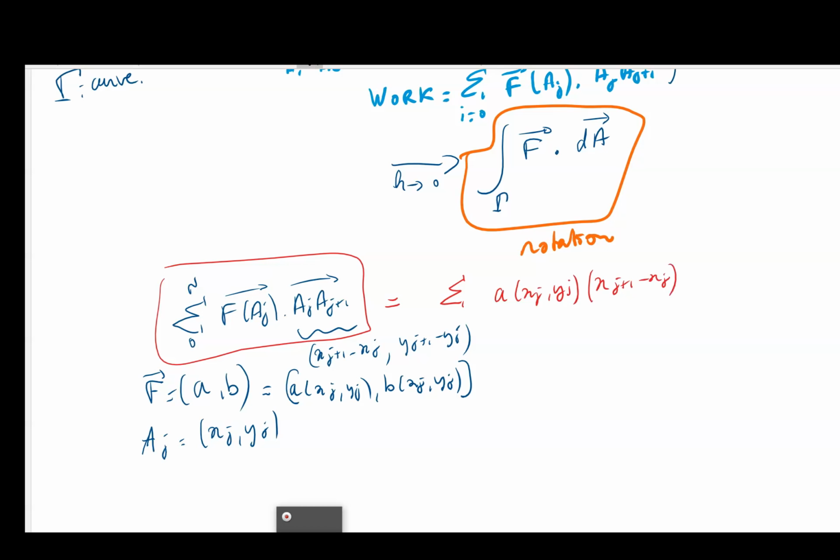That's the x component of F times the x component of my displacement vector, plus the same thing in the y component, so plus B(xj, yj) times (yj+1 minus yj).